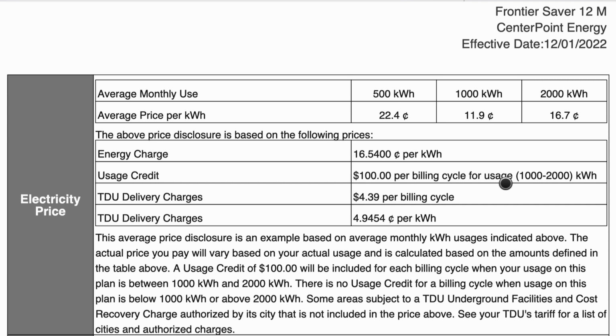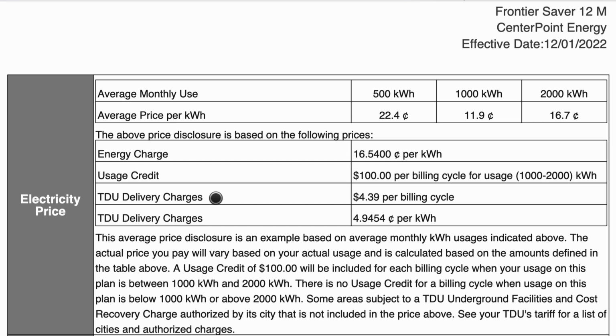In this case, if your usage is between 1,000 and 2,000 kilowatt hours, then you will receive a $100 credit per billing cycle. And this is why in the average values, you can see that the best rate that you can get is when your usage is between 1,000 and 2,000, less than 2,000.